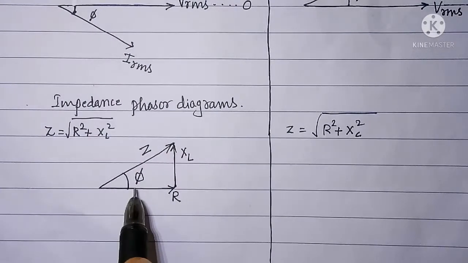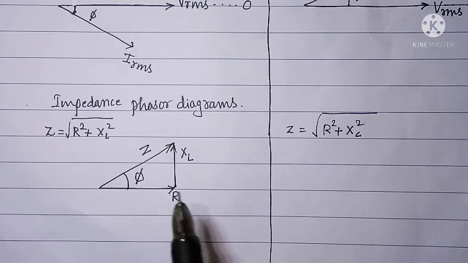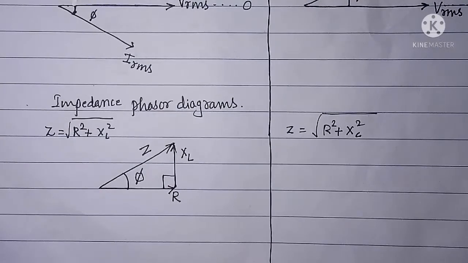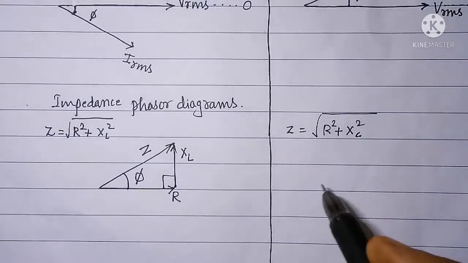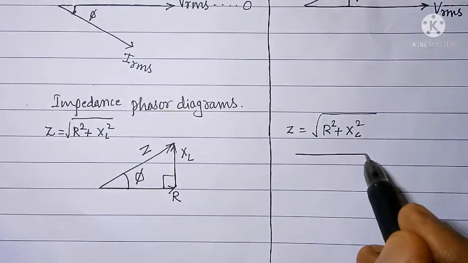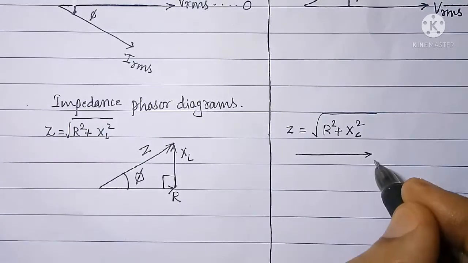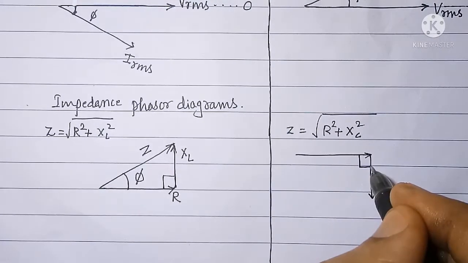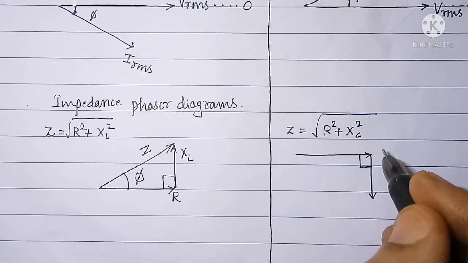R and Z are at phi degrees to each other, and XL is shown at 90 degrees to resistance R. In capacitive circuit, XC is shown at 90 degree to resistance but below resistance phasor.